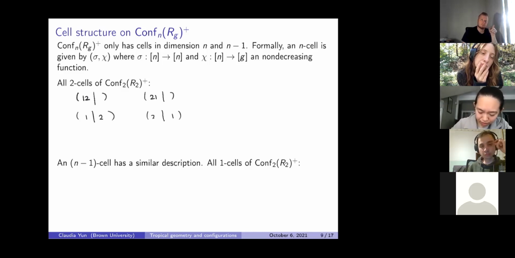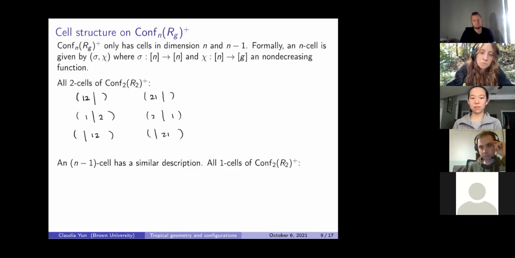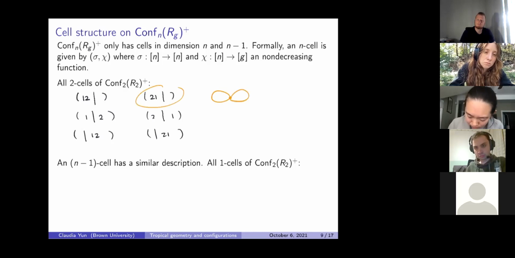Or you can have nobody on the first arc and you can have 1 left of 2 on the second arc or the other way around. And so these are all the 2-cells of our Conf_2(R^2). And say we just take this one, and on the rows, so wait, which way are my rows going? Okay, so this is my rows, and this corresponds to the configuration that we have 2 and 1 on the left, on the first petal.